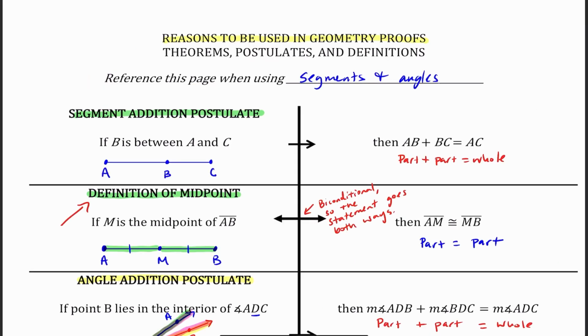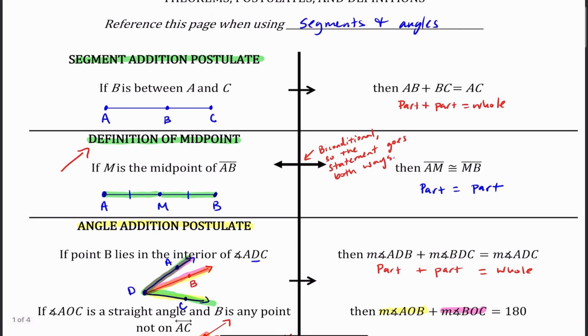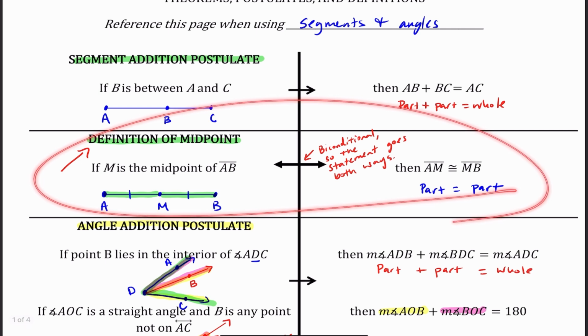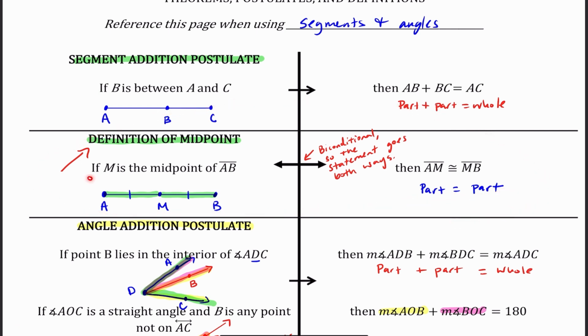Since we are dealing with segments here, look at the pink sheet dealing with segments, which is the first page. I'm looking at the definition of midpoint. If M is the midpoint of segment AB, then segment AM is congruent to segment MB.